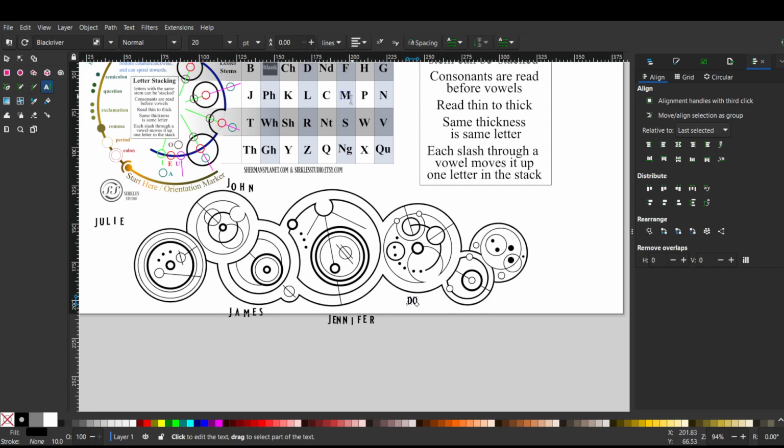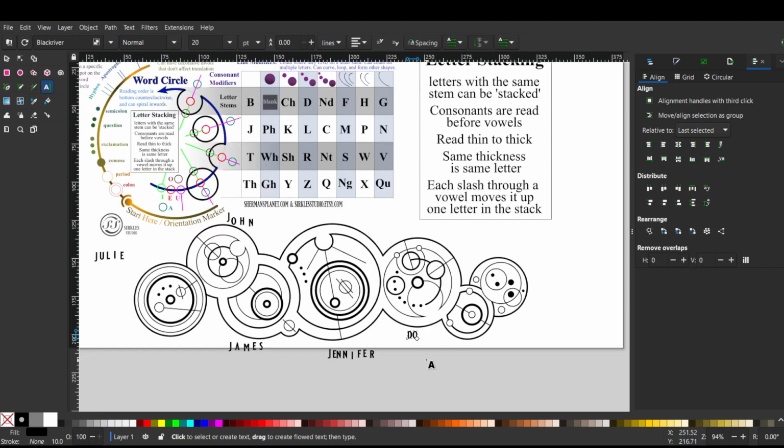So this stem with 3 lines is an M. Then we have this I, line going inwards. This N has 1 line on it, just like this N here. 1 line ending there. N, I, and then 1, 2, 3, 4 dots on that circle inside the word circle is a C. So there we have Dominic, D-O-M-I-N-I-C.